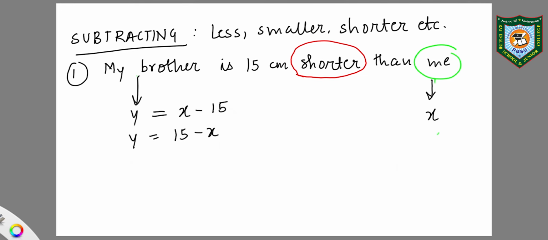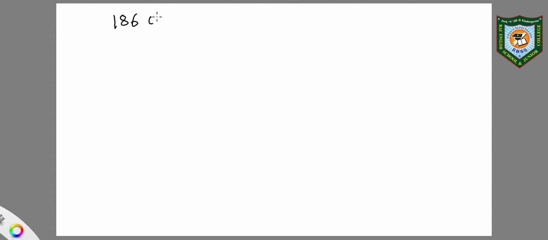If you still did not understand, let's actually try to solve a value with this. Let's say, for example, I'll take my height. So my height is 186 centimeters. And let's say I have a brother whose height is 15 centimeters less than me.